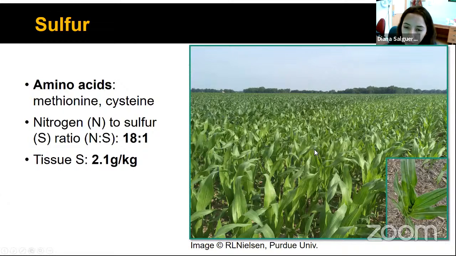In the foreground corn, we did not apply sulfur, and in the background, the corn with a greener color, we did apply sulfur. The sulfur deficiency symptom looks like a pale yellow color. Sometimes we might see some striping, as shown in this smaller picture. That is a way we can identify sulfur deficiency in the field by looking at the plant.